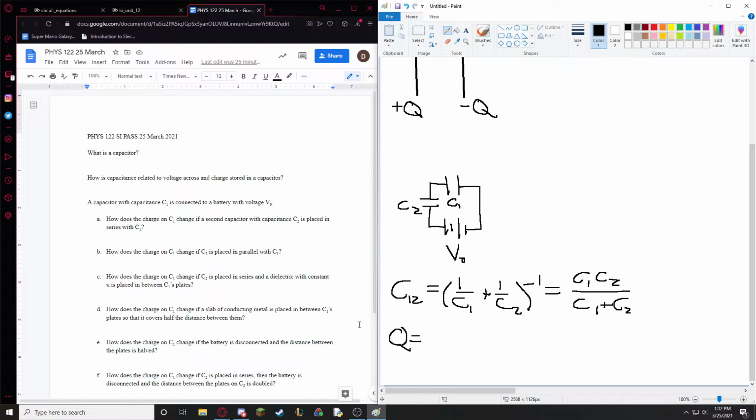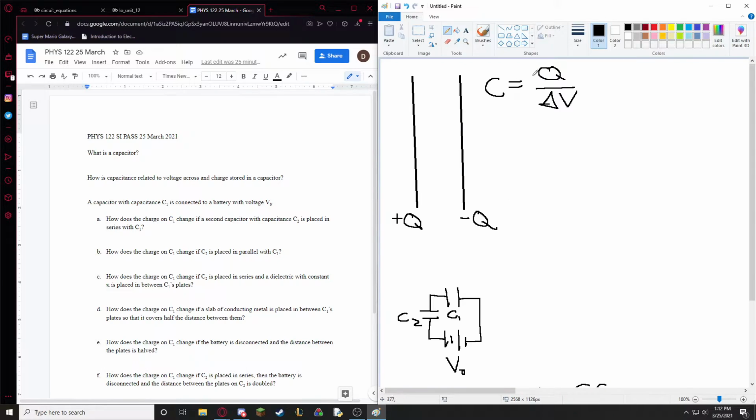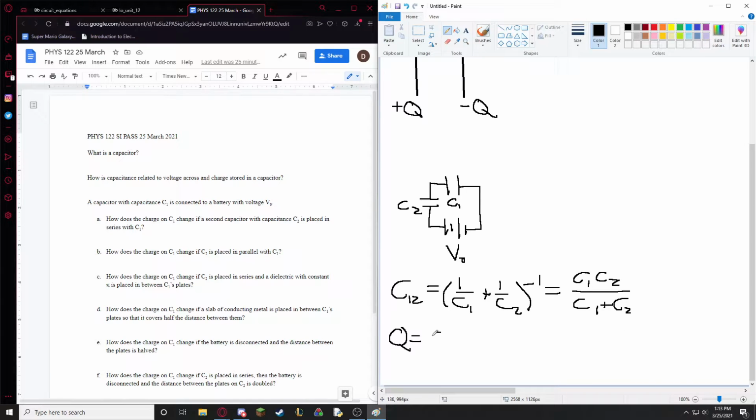Yep, exactly. So we know for a single capacitor, the charge is equal to the capacitance times the voltage. And in this case, we know that the charge is going to be the same for our two capacitors.